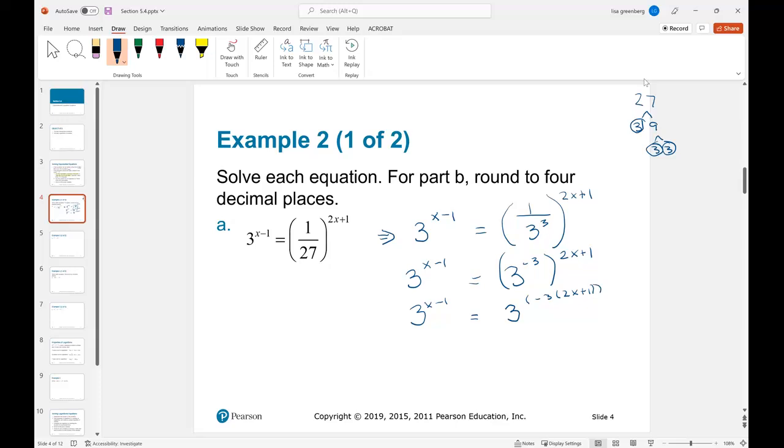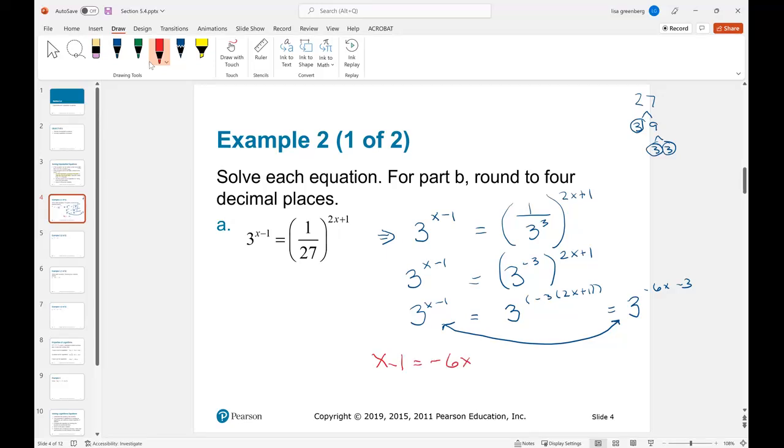I really am going step by step here. I'll do it on the same line. I'll distribute that negative 3, so I get negative 6x minus 3. So I'm really actually equating this to this. My bases are the same, which means I can just take my exponents and say they're equal to each other now.